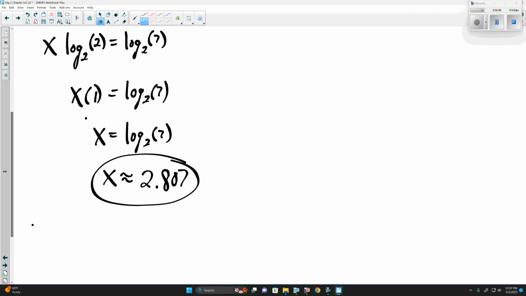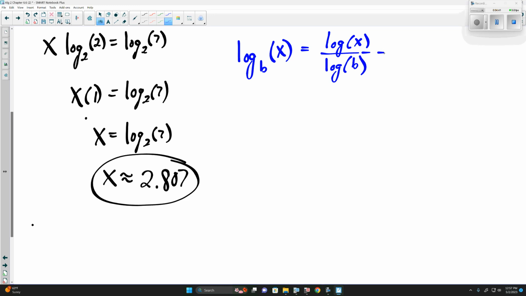The other way we can do this is with the change of base. Hopefully you remember the change of base. We went over it last Friday. The change of base states that log base b of x is the same as log of x over log of b, or we can say the natural log of x over the natural log of b.